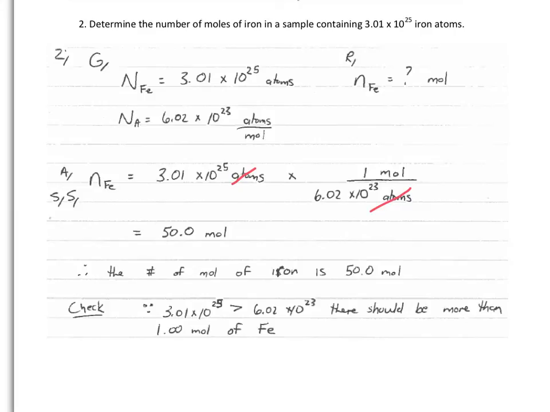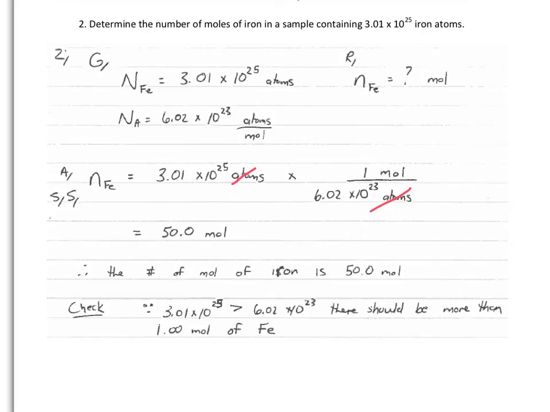Remember that the unit reads 6.02 times 10 to the 23 atoms, and so the number and the units have to stay together, and we have that many atoms in 1 mole. Keeping that in mind, you will place your numbers in the appropriate spot, as well as place your units in the appropriate spot. And so we see that the only units that we're left with are moles, and once we divide this by this, we get 50 moles.